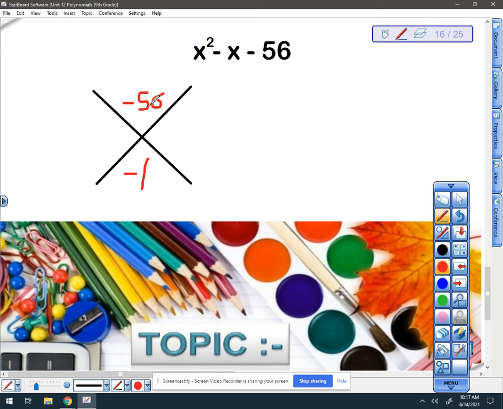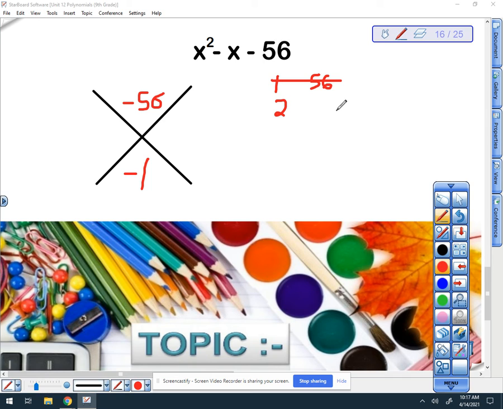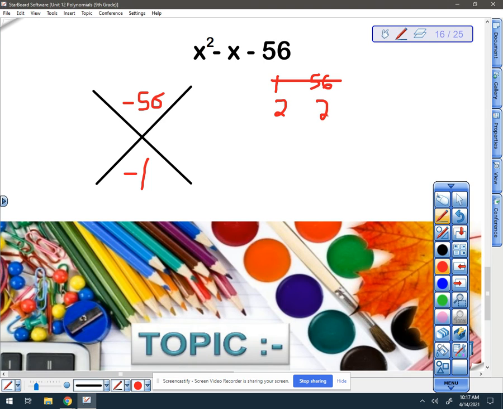What times what is negative 56, but if I combine them, I get negative 1. So you got 1 times 56. Nope, can't add or subtract those to get negative 1. You've got 2 times 28.